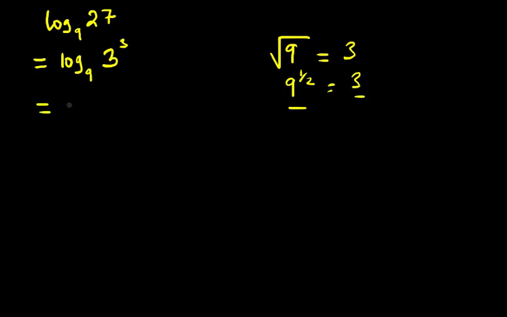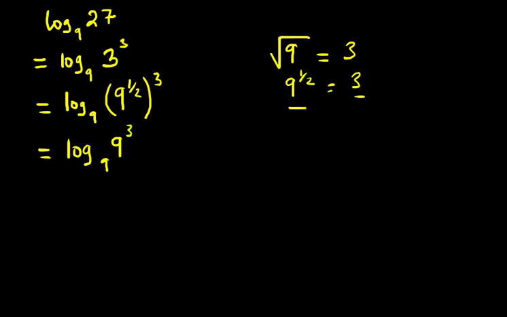So we can then say log 9, then we write 9 raised to the power half, with the 3 outside there. So this is the same as log 9 of 9 raised to the power 3 over 2.